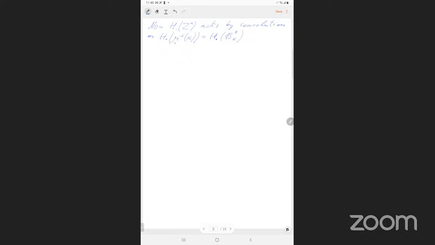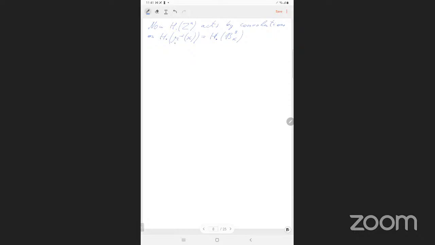So say in case of GLN, if our group G is GLN or SLN, but maybe better GLN. If our group is GLN, then that's it. We need nothing else. These are the standard modules, just as they are. But in general, we need a slight decomposition.